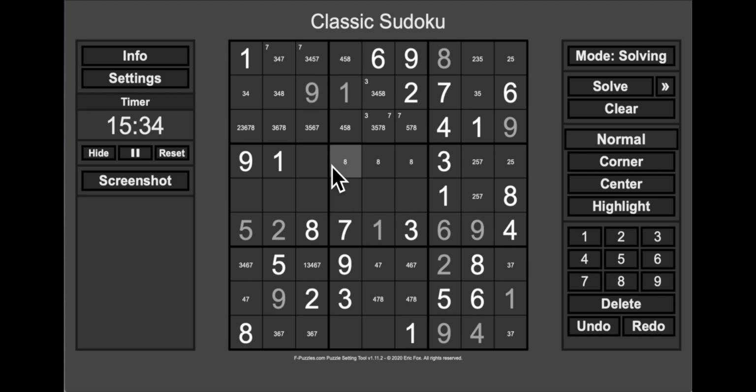In row 4, they cannot be 1, 3, or 9. 2, 4, 5, 6, 7, 8. Well, this one isn't 2, 5, or 8.